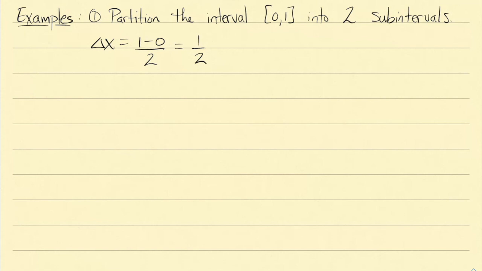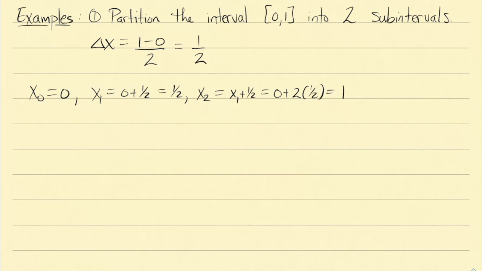So the next thing we need to do is determine our points. So our first point is easy. That's just 0. Our second point, x1, is 1/2 of a unit away from x0. That's x1 is 1/2. And our third point, x2, is 1/2 of a unit away from x1, or twice 1/2 a unit away from 0.